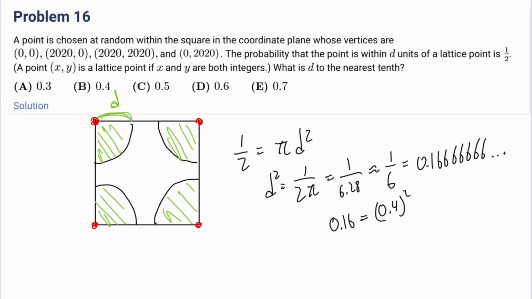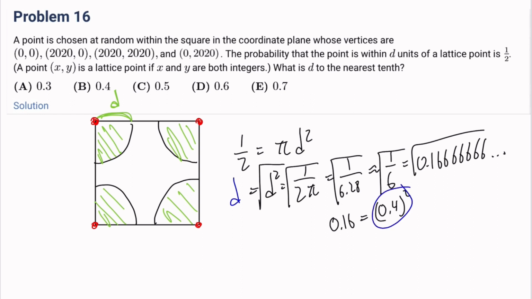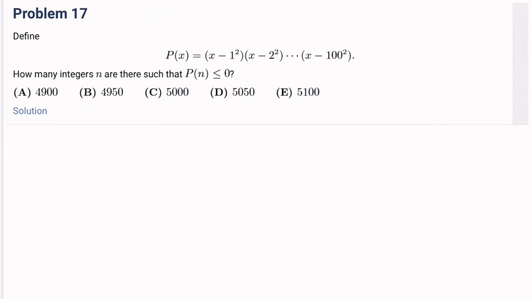So the square root of 0.16 is 0.4, and so d is approximately 0.4. So what is d to the nearest tenth? Our best estimate is 0.4. It's b.